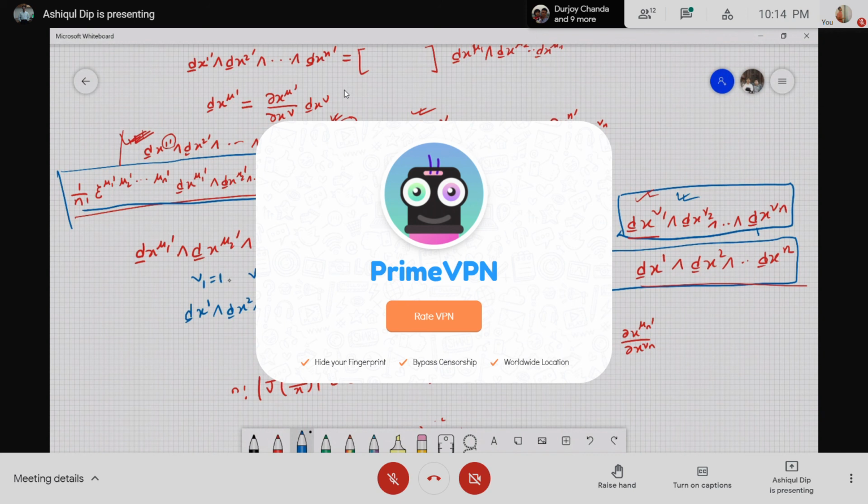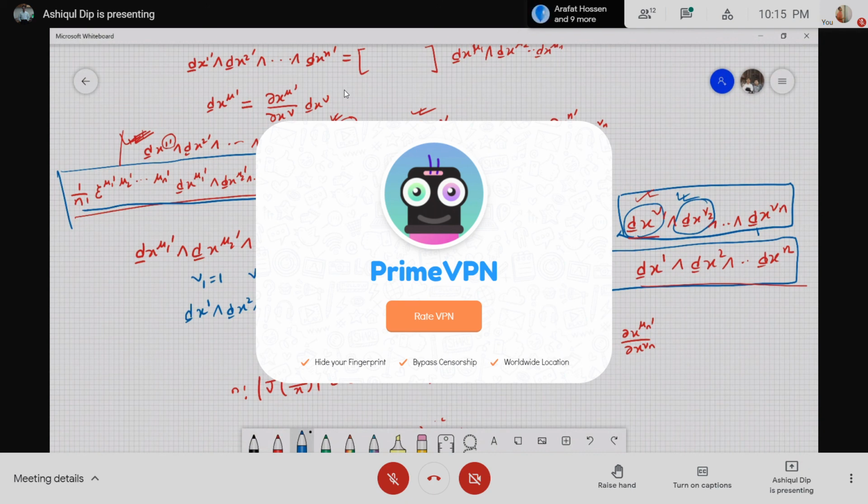Now another thing is when you switch this term with that term, it gives you a minus sign. So if you switch those two indices, nu1 and nu2, that gives you a minus sign. That sign is handled by this part, and the first term, when nu1 up to nu n is just 1 to n, is this part.